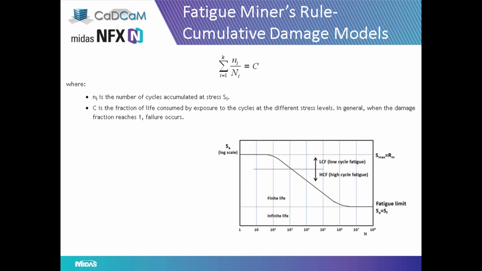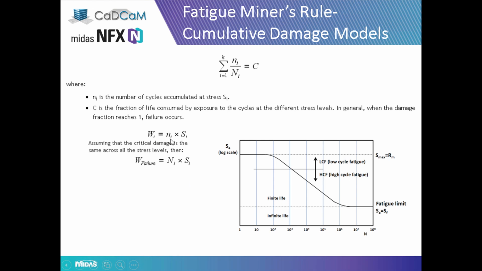So this is the SN curve. In the SN curve, the vertical axis is stress and the horizontal axis is the number of cycles, and this is actually a logarithmic curve. Of course, the Miner rule can be calculated in several ways.